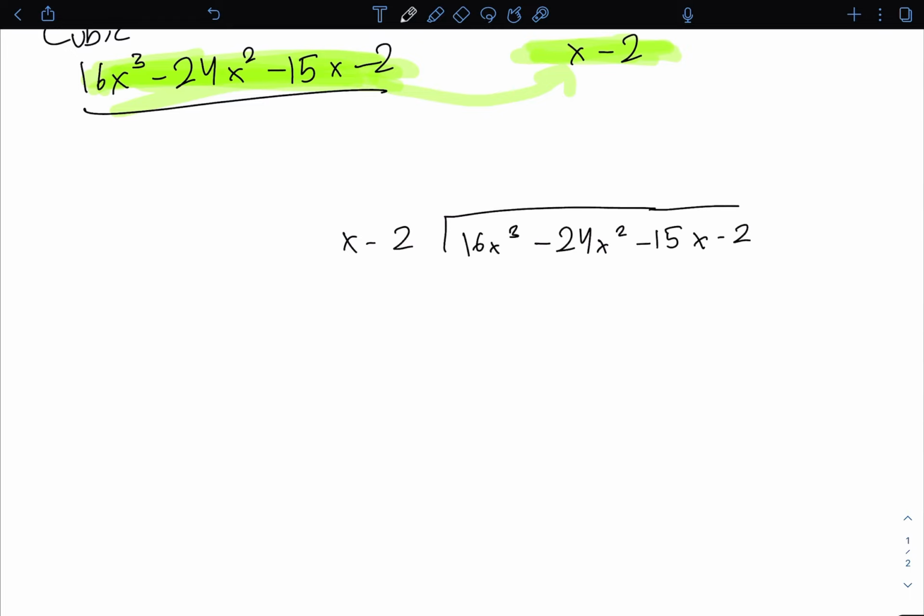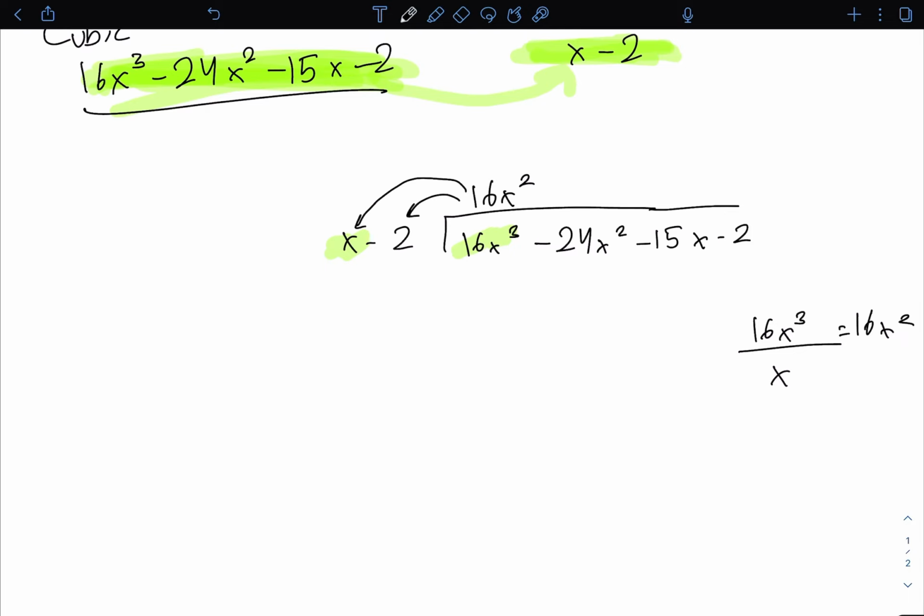Okay, so let's take the highest power inside the house and move it outside, and then the highest power outside the house, also move that outside, so that becomes 16x squared. If you don't understand any part of this video, then comment, and I'll reply to your comment or even make a separate video if it merits it. I'll multiply each term.